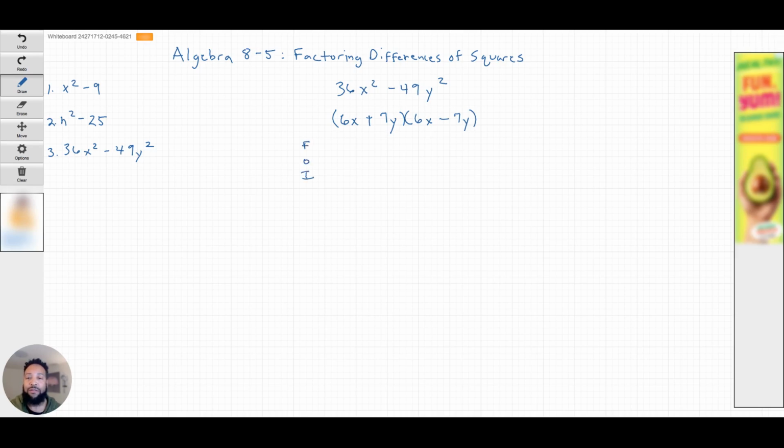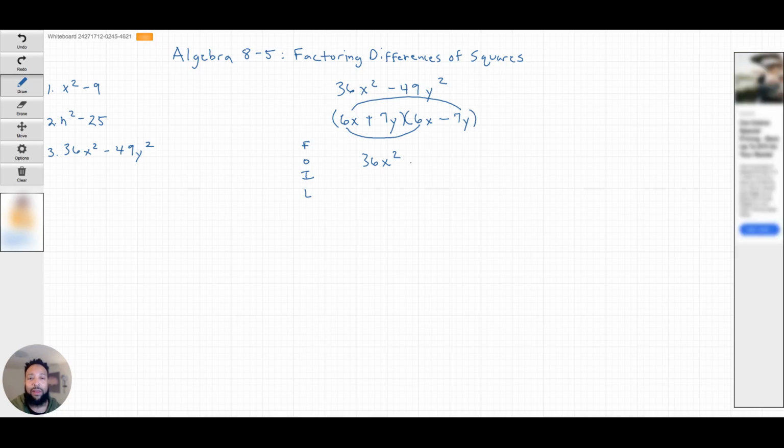So using the FOIL method, our first variables are 6x times 6x, which is 36x squared. Our outside variables are 6x times minus 7y. That's going to be negative 42xy.